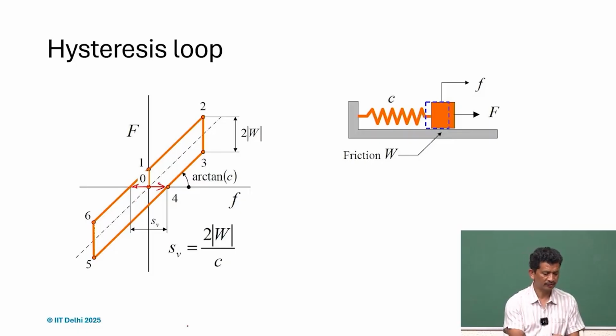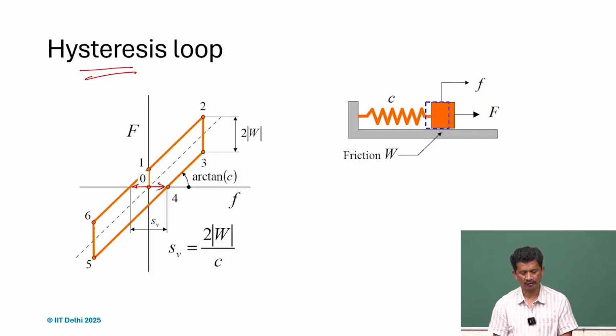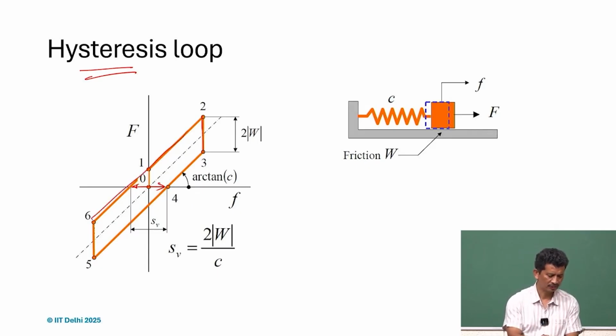And of course, this is termed as hysteresis loop, and it's mainly because of the friction and the stiffness. What we also have to understand, whenever we are trying to get this kind of plot, is that we should reverse the motion a few times, so that we get this sort of loop consistently.